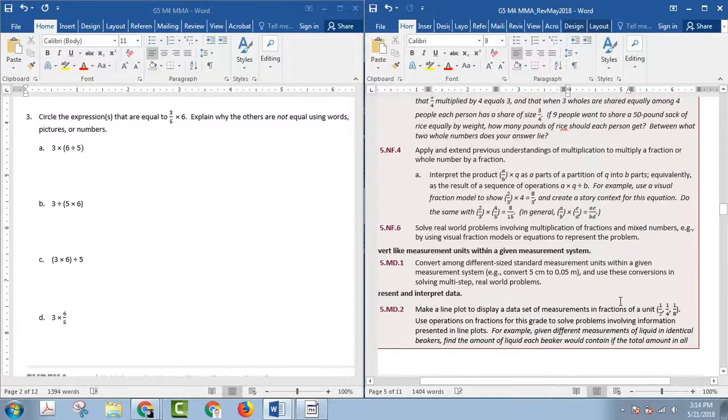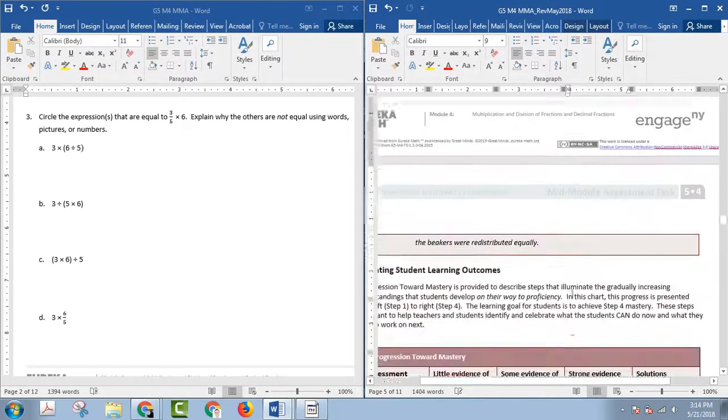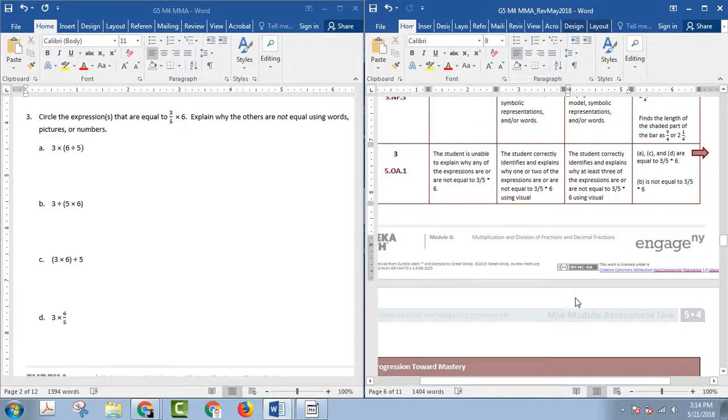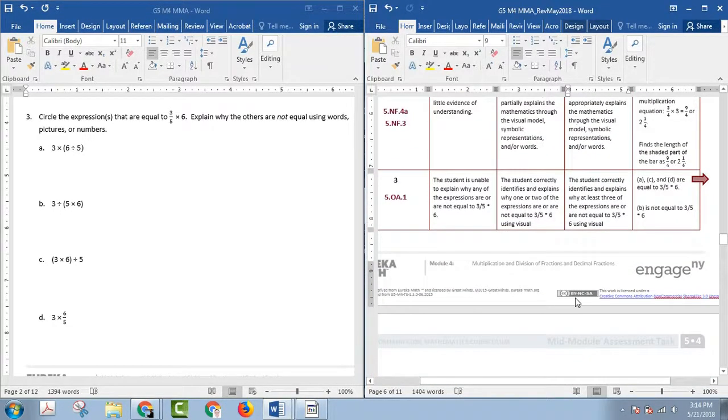NF3 and NF4, I feel like, are really mixed into this as well. This is actually a really good problem for this particular test, I believe. Anyway, it's asking kids to say, well, is it the same or is it not? So in each of these cases, they have to make that determination and explain why. And it's in that explanation that the math is going to be.